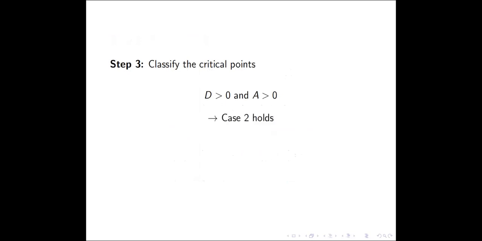That falls under case 2. So we have a local minimum at the critical point. That is verified by the graph of the surface, which is a circular paraboloid with vertex at (0, 0, 2). Again, that opens upwards.